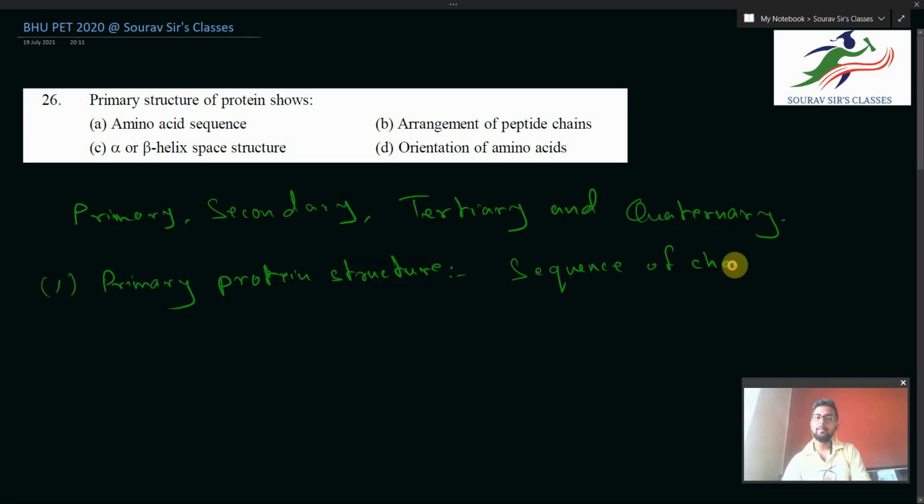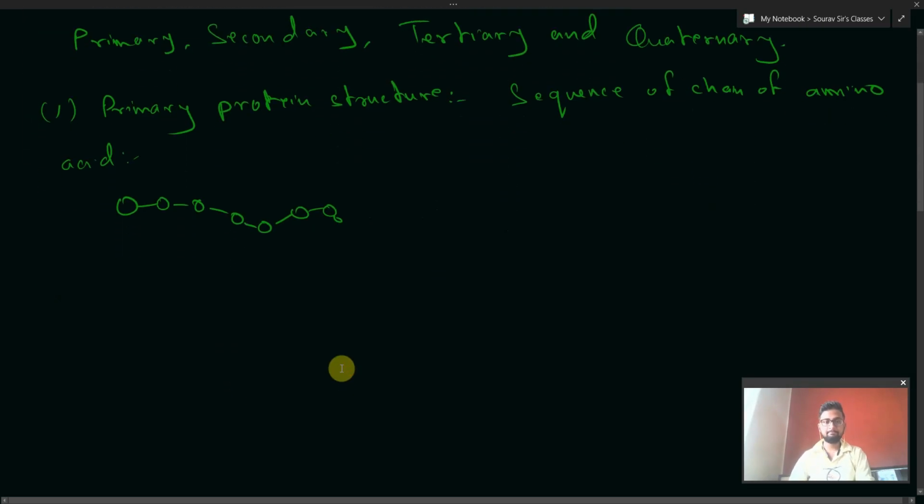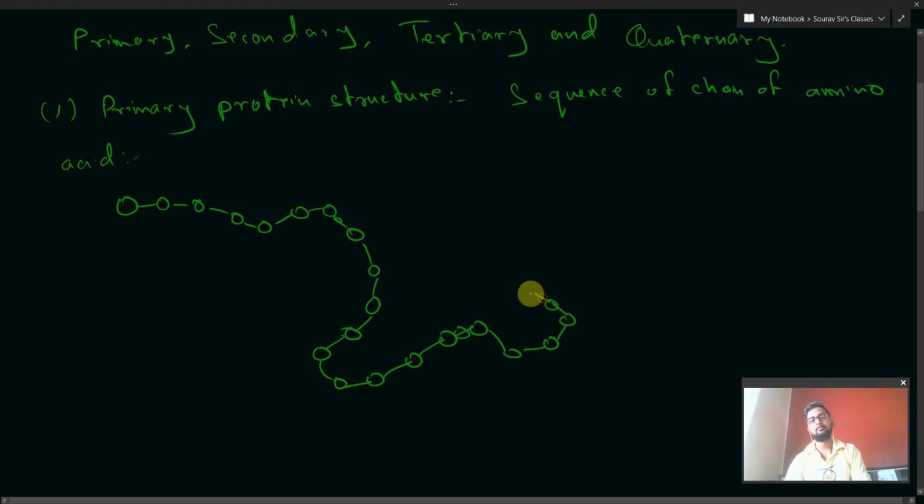If we draw the structure directly, we'll have this kind of structure, with all the amino acids linked together.